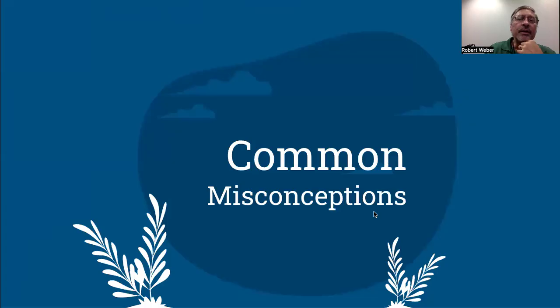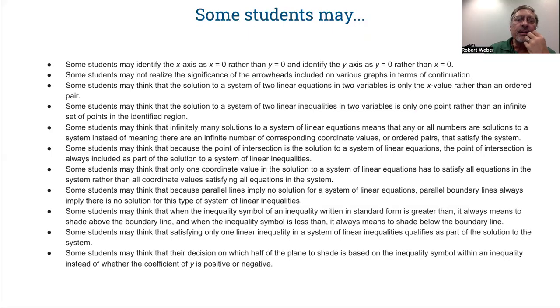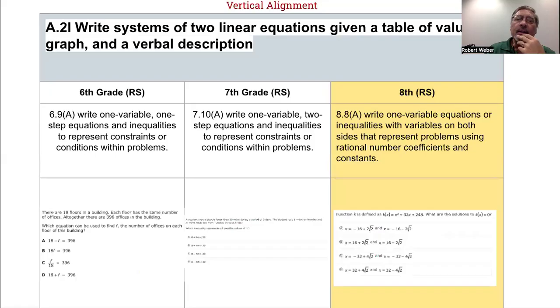Vocabulary involved, common misconceptions, things that our students will do to get problems wrong. Vertical alignment, this does have a consistency, our essential readiness, A2I, with 8A, and also 7.10A and 6.9A. You can see down at the bottom how the problems just kind of continue to develop for student work on this.